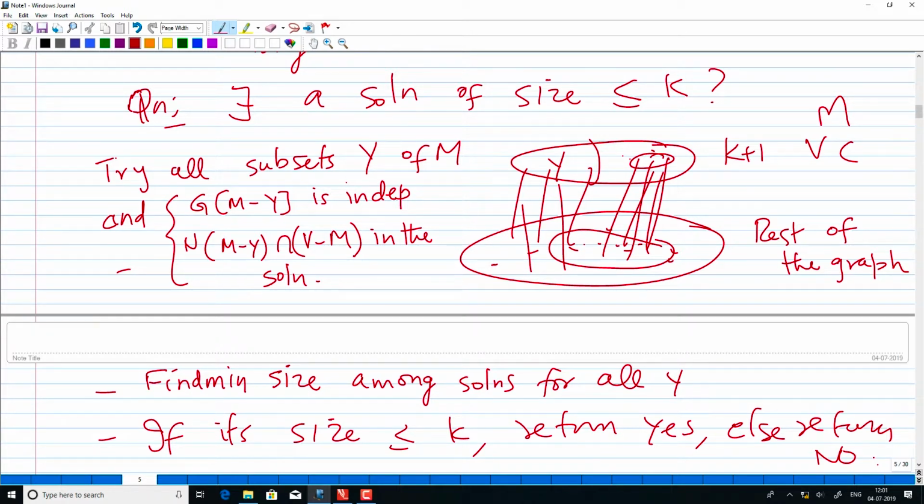I guess a solution, and then life becomes simpler. Try all possible guesses, pick the minimum among them, and if I get a solution of size at most k, I say yes, I found a solution. Otherwise, I say no.